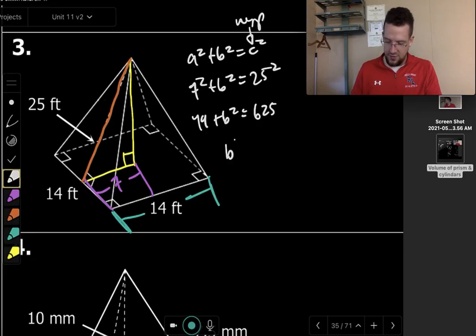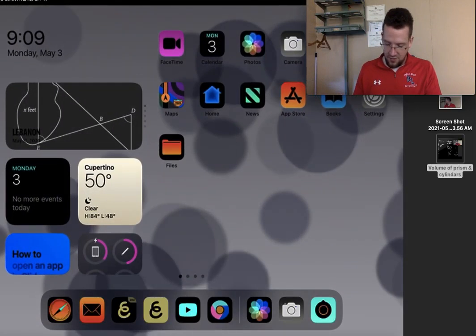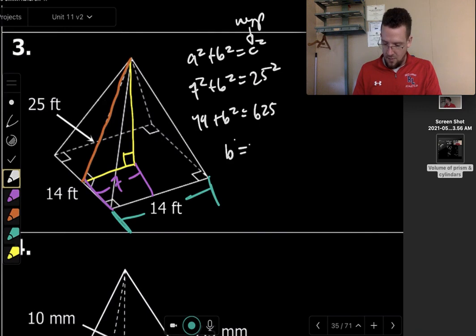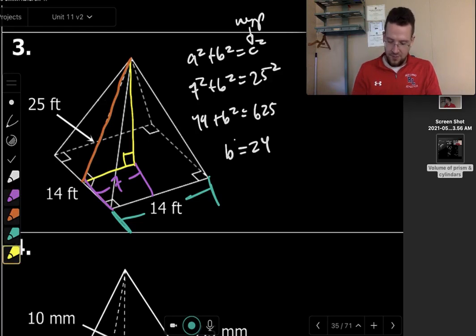So let's do that. 625 minus 49. Then I need to square root this number. 24. No, it's a special right triangle. Nice. Not a special right triangle, a Pythagorean triple. Okay, so now I know my height here is 24.